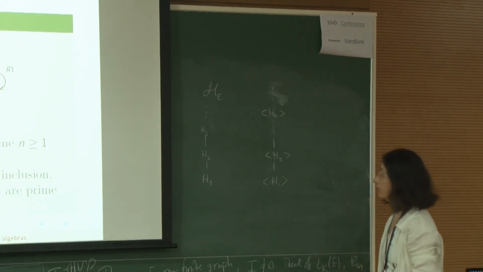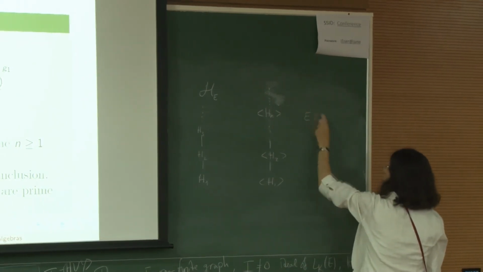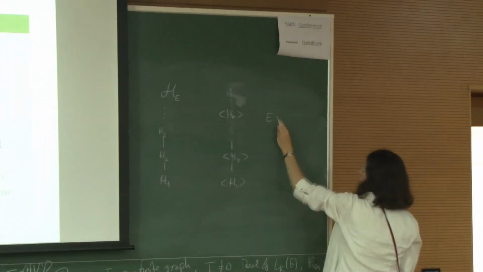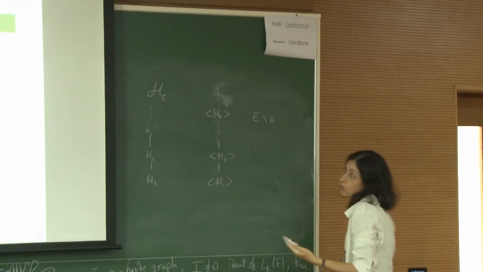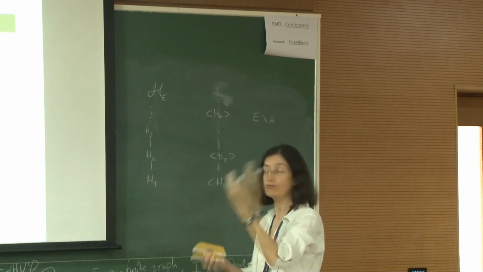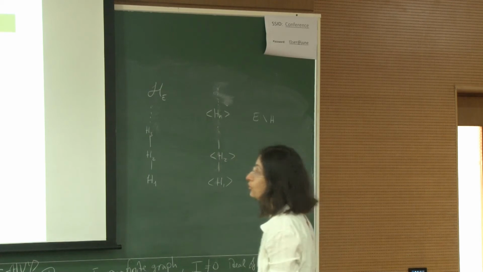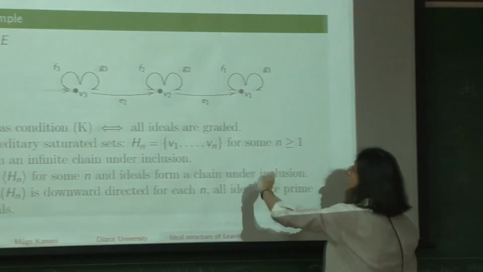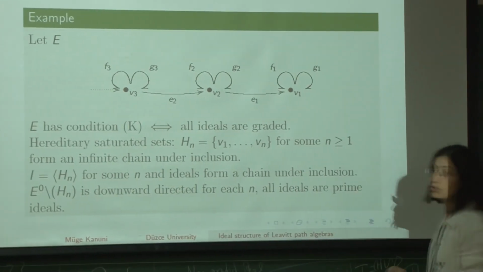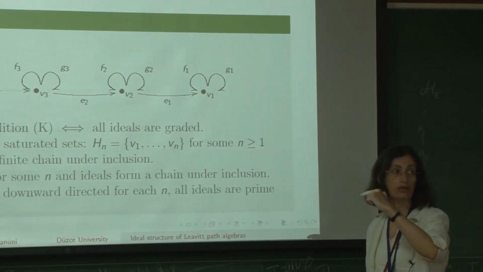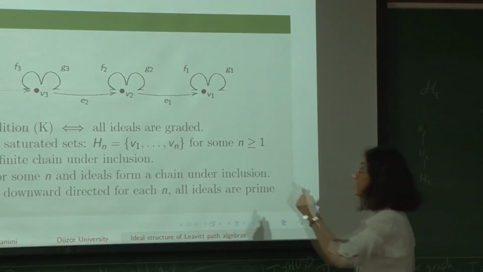And look at the quotient graph. Well, the quotient graph is just a copy of the original graph. You chop off the first n elements, and if you look at E itself, everything is connected to V1. So it's downward directed.